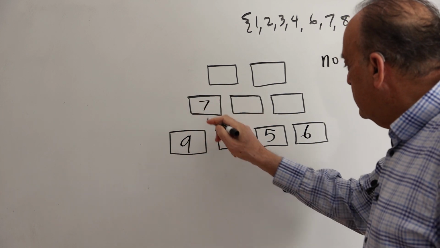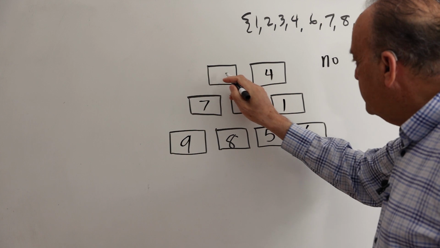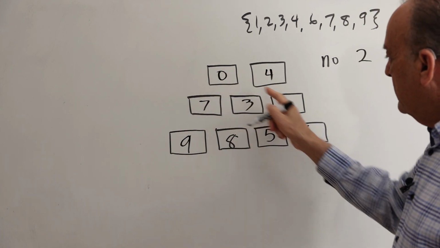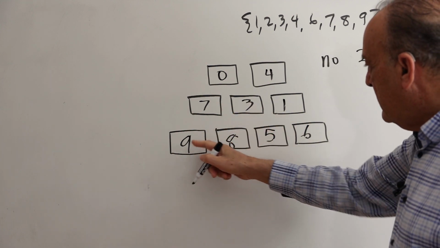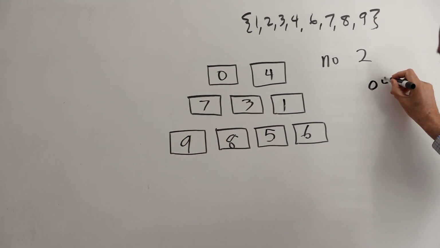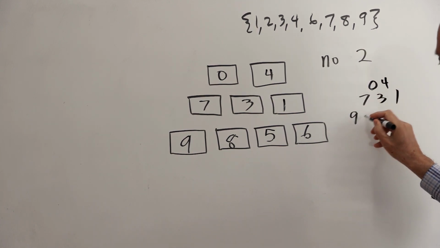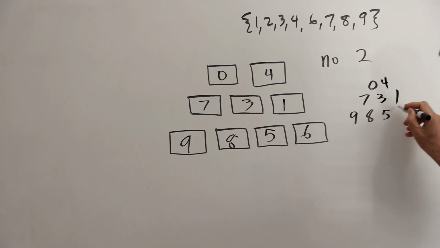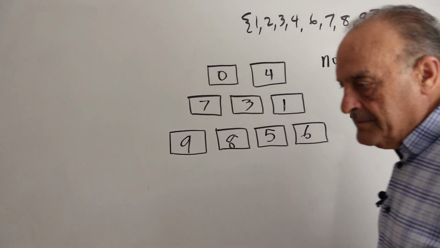So we have 7, 3, 1, 4, and 0. So we use 0, 1, no 2, 3, 4, 5, 6, 7, 8, 9. So let me write this over here. And let's try to prove that's the only solution when you omit using 2.